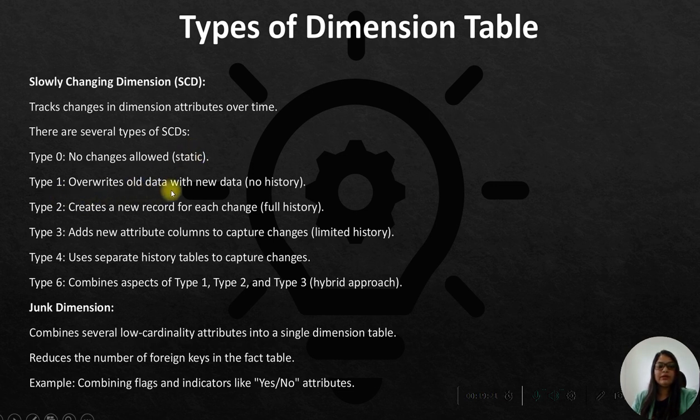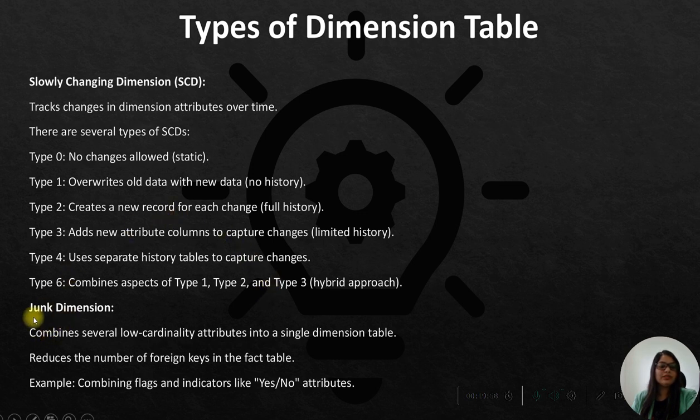Type 1 overrides old data with the new data, means no history is kept, we will get only the updated record. Type 2 creates a new record for each change, means full history. We will get the historical data as well as the updated record. In type 3, add a new attribute column to capture changes, means we will get limited history. In type 4, use a separate history table to capture the changes. And type 6 is a combination of type 1, type 2 and type 3, means we can see the hybrid approach.